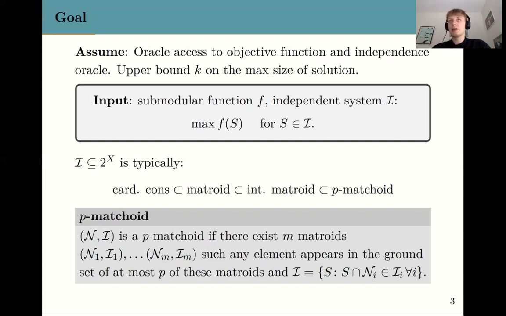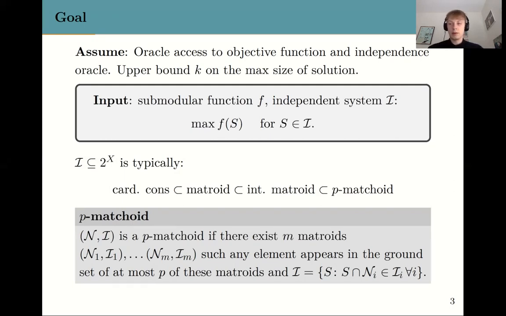In this setting, you would like to have k elements, but each element, for example, is contained in different parts. You can think about a partition matroid. And the constraint that I will also talk about is the P Matroid.